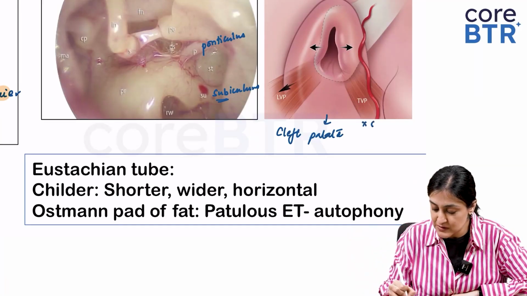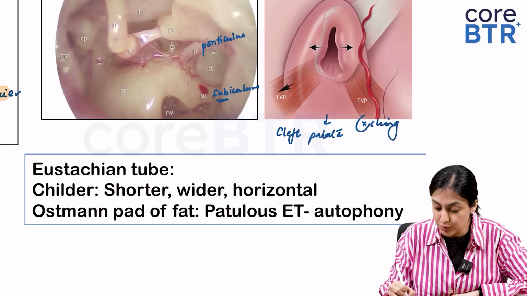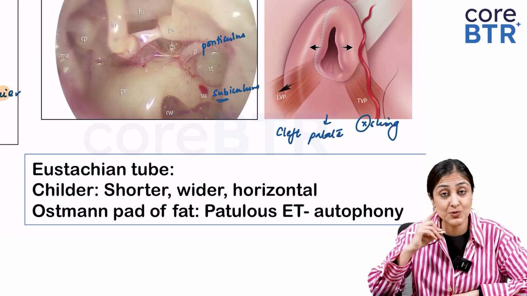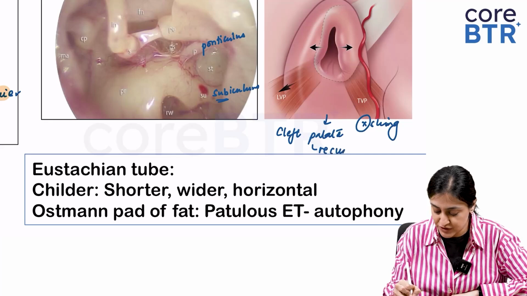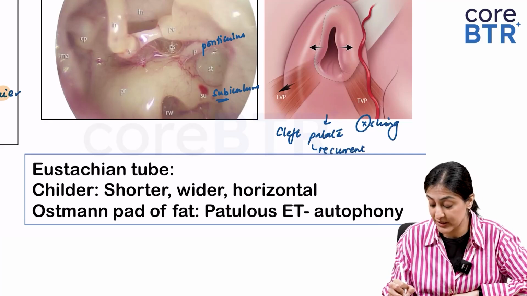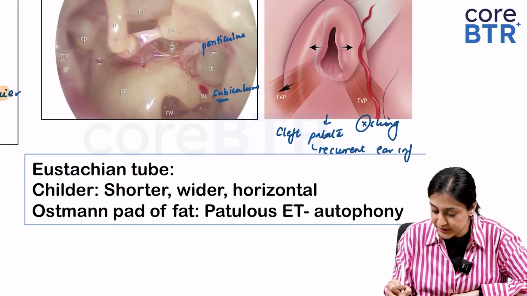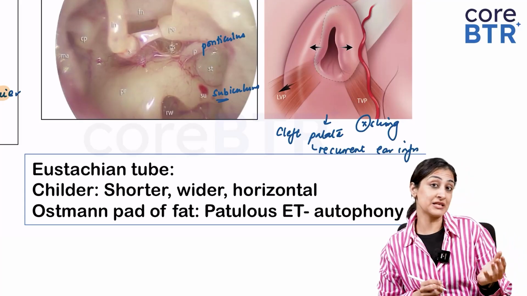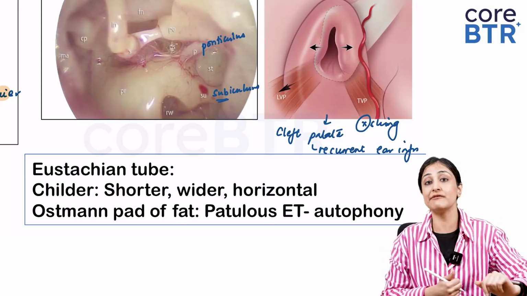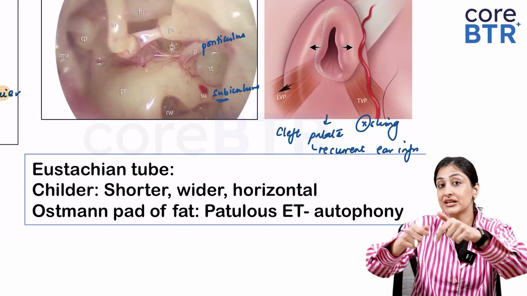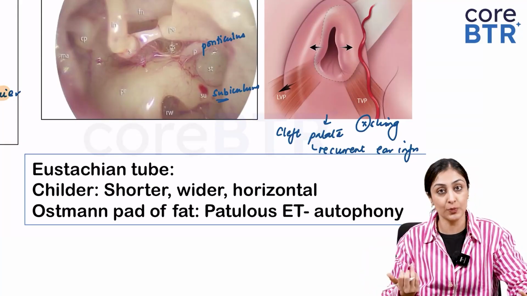So this sling is missing, and that's why the tube function gets deranged, and that's why they have recurrent ear infections. The pressure is not able to get managed. So recurrent ear infections in cleft palate can be explained because the palatal muscles never reach there and form that effective sling to regulate the tube opening.